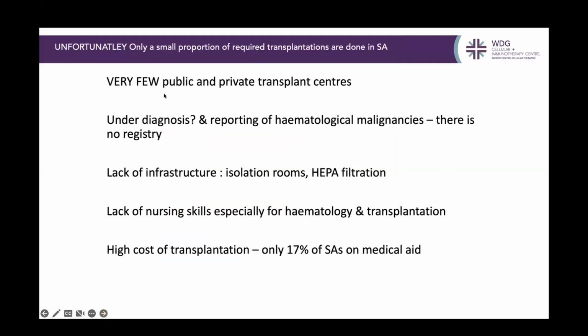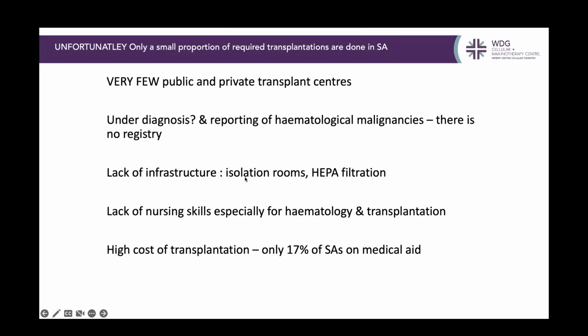Now, why is that? Unfortunately, only a small proportion of required transplantations are done in South Africa. There are very few public and private transplant centers. I think another reason would be underdiagnosis and reporting of hematological malignancies. There is no registry, but that's work in progress. Of course, lack of infrastructure is a problem there.